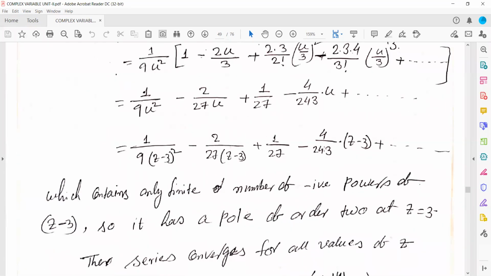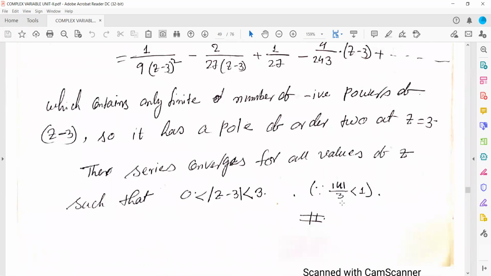So mod of u by 3, that is mod of z minus 3 by 3, should be less than 1, obviously. So z minus 3 should be less than 3, and that value will be greater than 0. Simple.